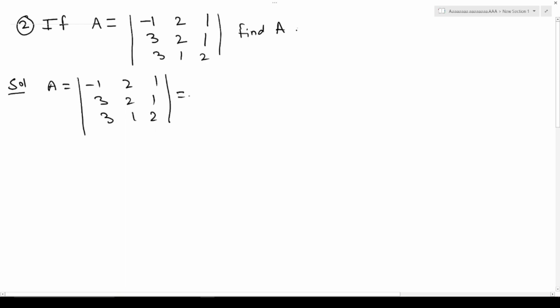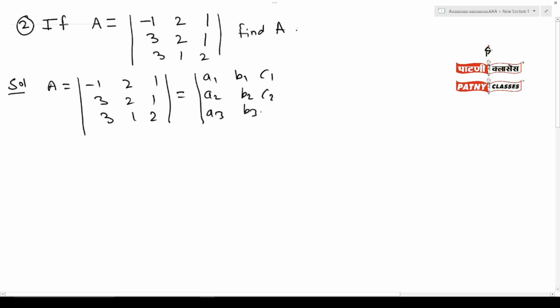Comparing with the general form a1, b1, c1, a2, b2, c2, a3, b3 and c3, this implies a1 equals minus 1, b1 equals 2 and c1 equals 1.